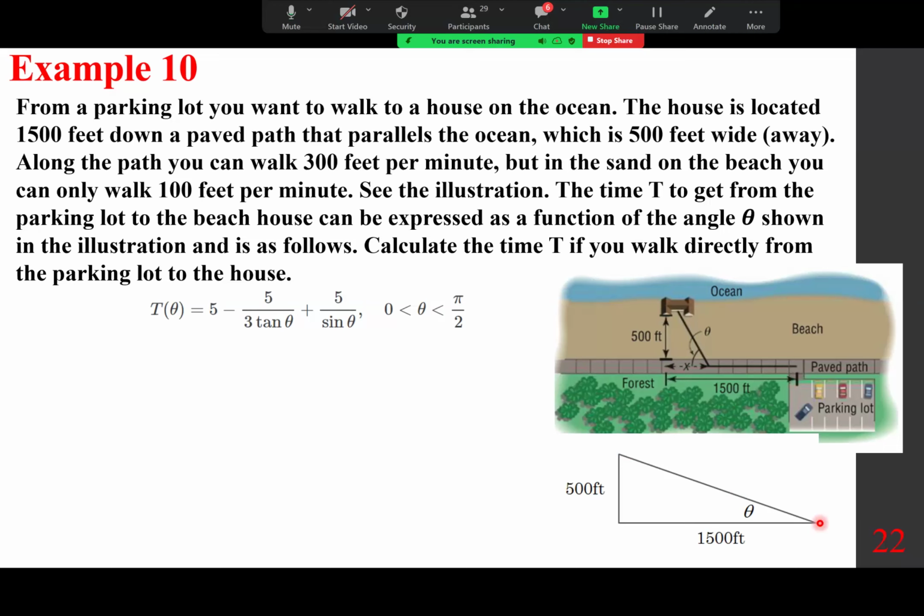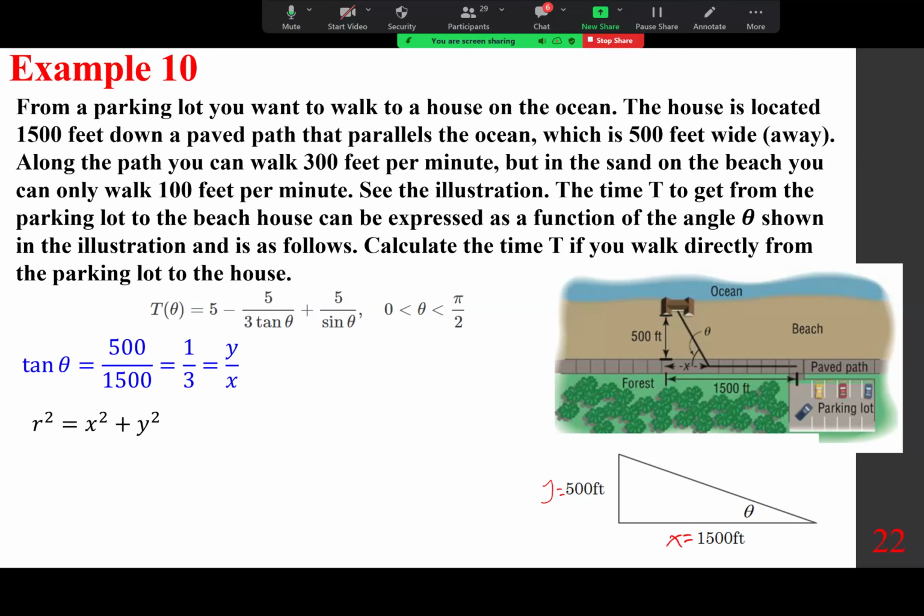We're going to call this r, and tan theta is the opposite, 500 feet, over the adjacent, 1500 feet. So this one is y over x in essence. So this is y, this is x, where r squared is x squared plus y squared.